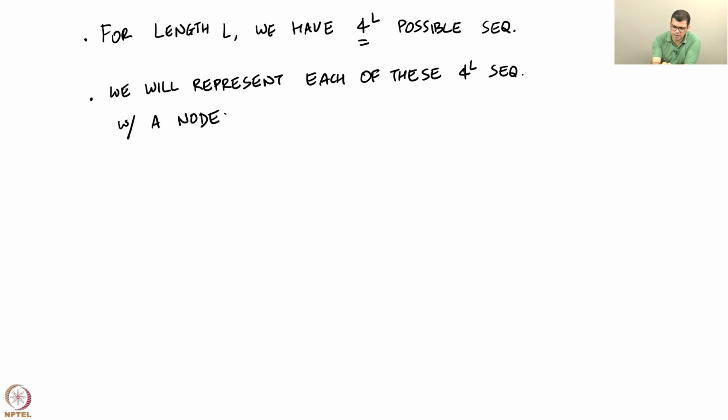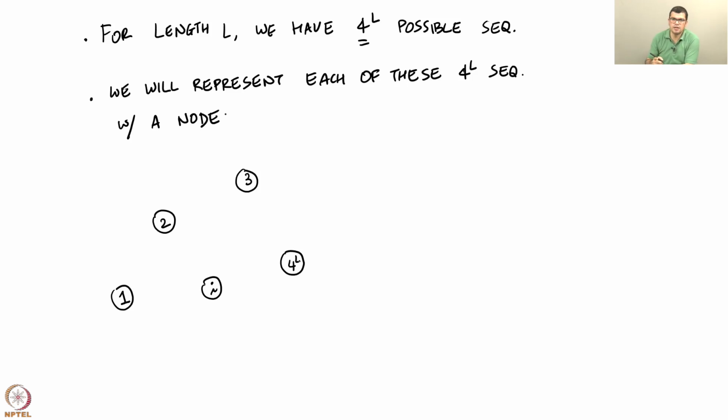So, I have 4 to the power L possible sequences and each sequence is represented by a node. This is sequence number 1, this is sequence number 2, sequence 3, sequence i, and so on and so forth, eventually ending at sequence number 4 to the power L.